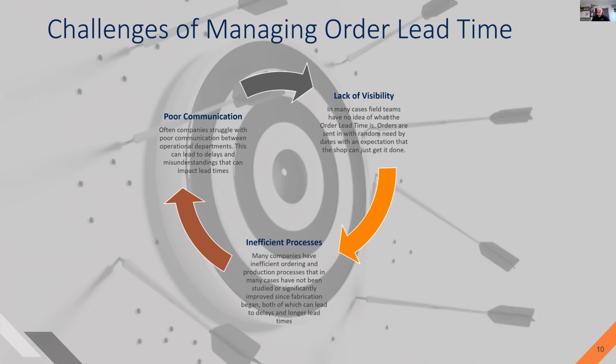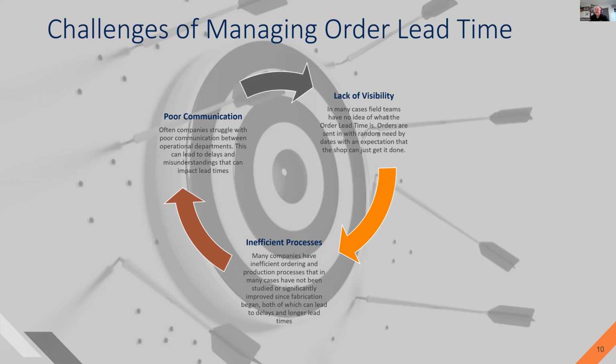So some of the challenges around managing the order lead time. I guess we can start off with poor communication. That really is one of the areas in which you'll struggle: when is it needed, kind of the who, what, when, and where. Like what are we fabricating? When is it needed? When will the drawings be ready? When are the approvals going to happen?